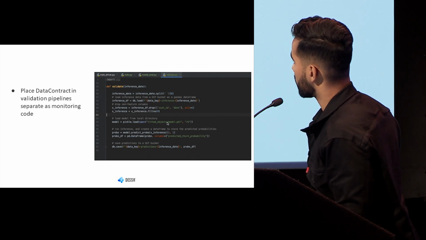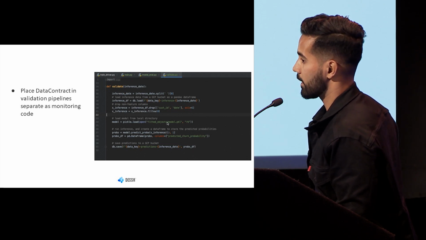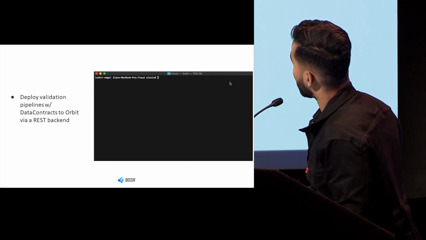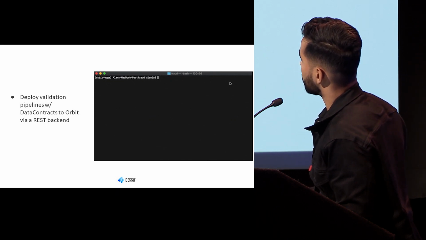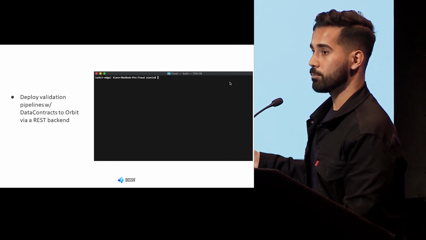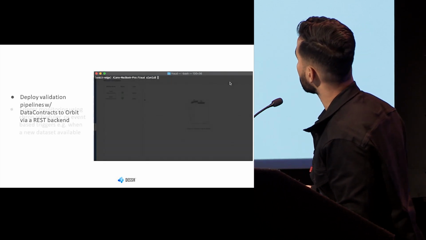So I'm loading the data contract, and I'm running the validate on the X inference that I got earlier from my data store. Once I do that, I will deploy the validation pipeline using Foundation's monitor, which is Orbit, and that will be deployed on the monitoring cluster that I have built in, right?